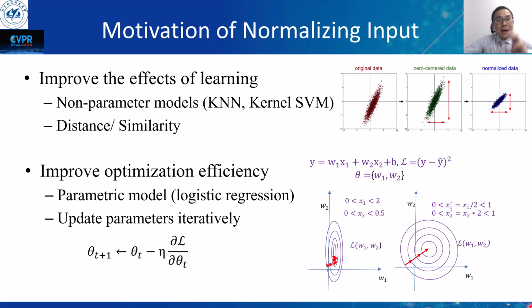The second benefit of normalization is to improve the optimization efficiency for parametric models. For instance, logistic regression methods. In this method, there is no closed-form solution. Therefore, an iteration-based method should be used.